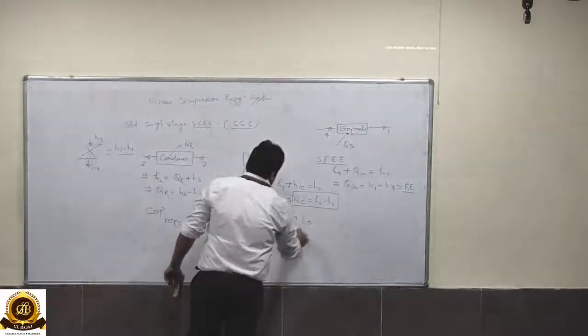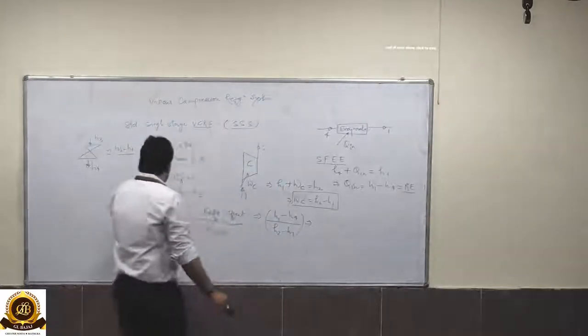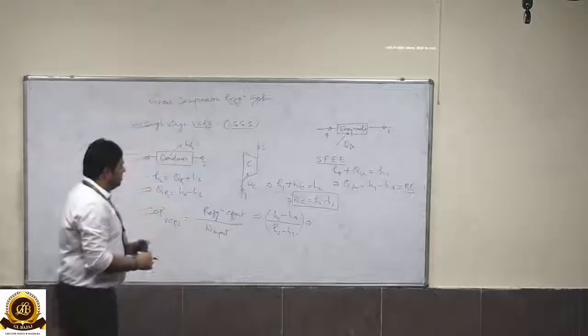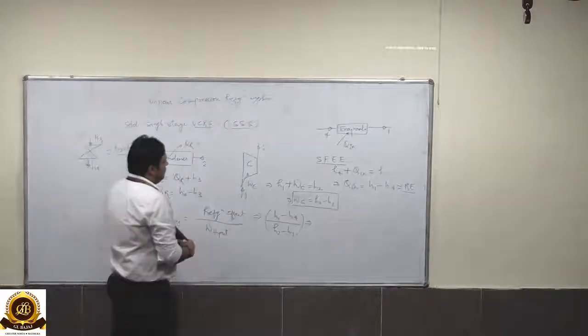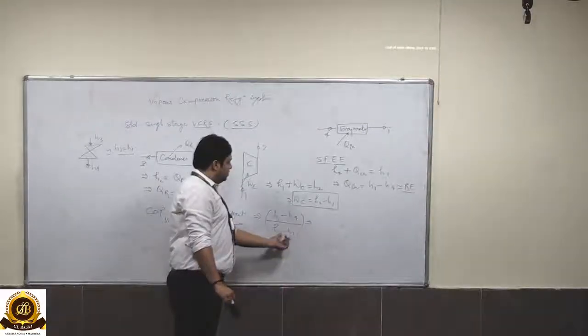So here we can see that the COP of the vapor compression refrigeration cycle, represented in terms of enthalpy, is H1 minus H4 divided by H2 minus H1.